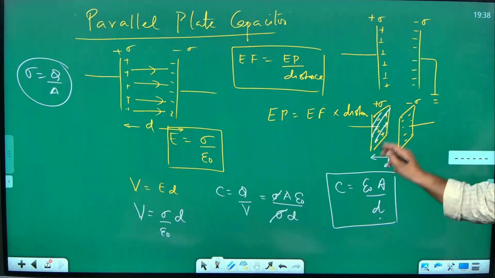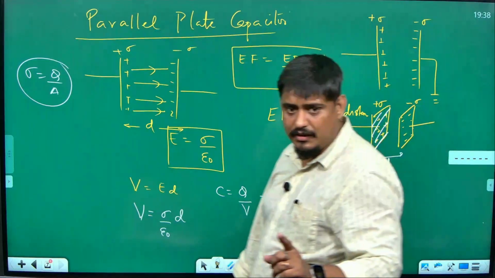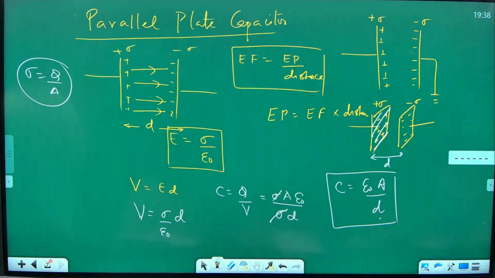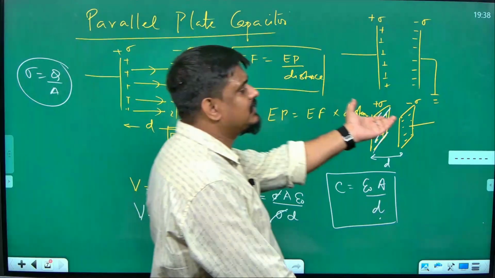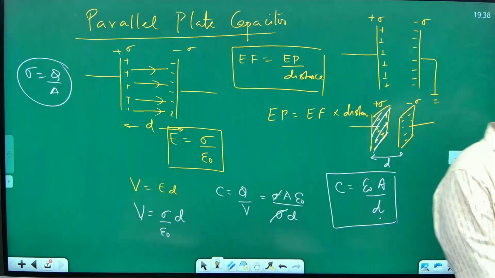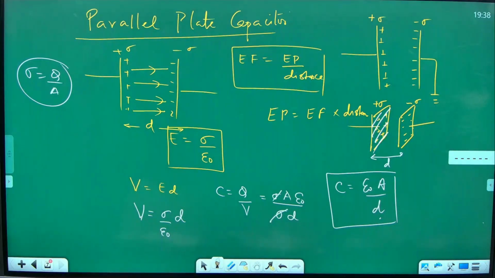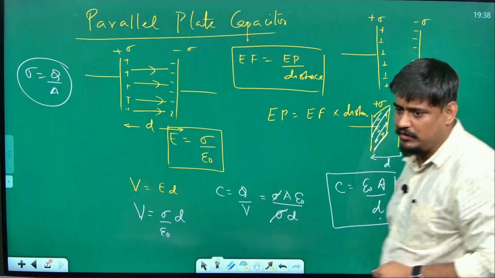Are you getting my point? Clear? Epsilon naught is the absolute permittivity, also called permittivity of free space. Its value is 8.85 times 10 to the power minus 12.